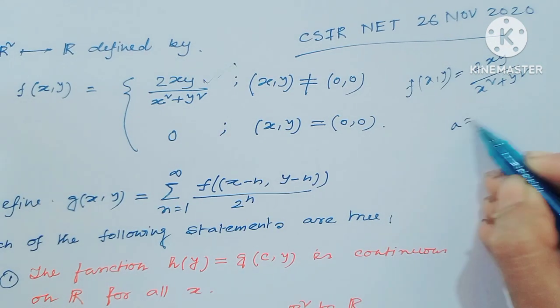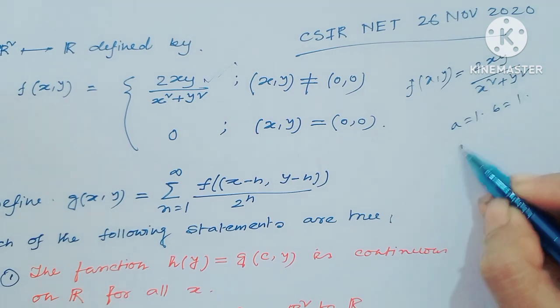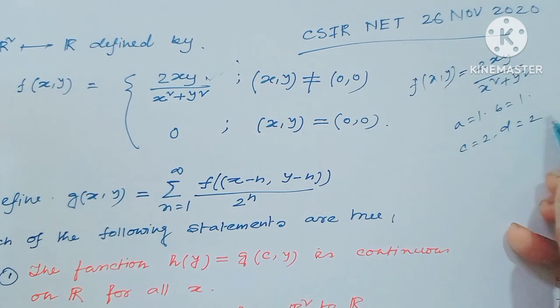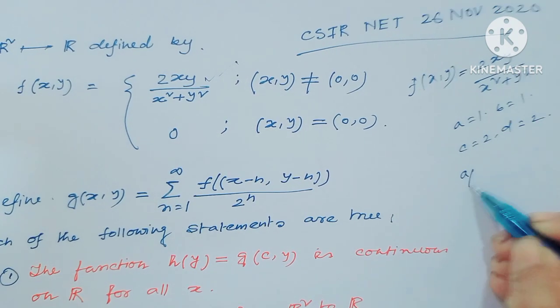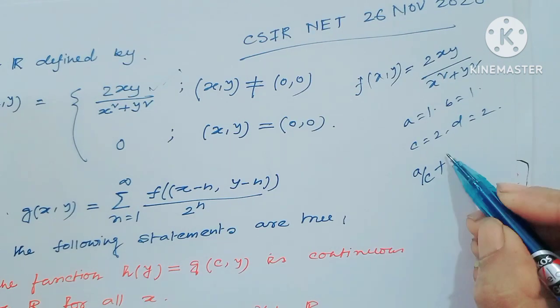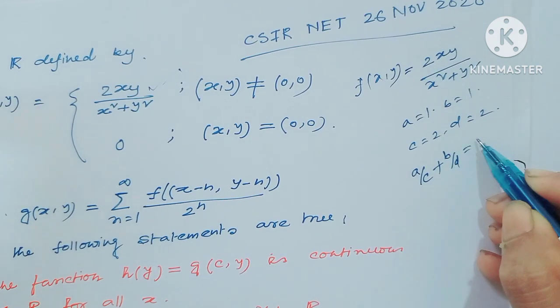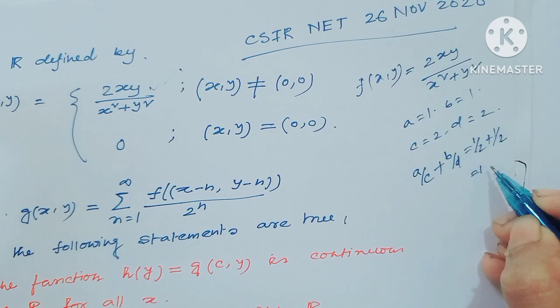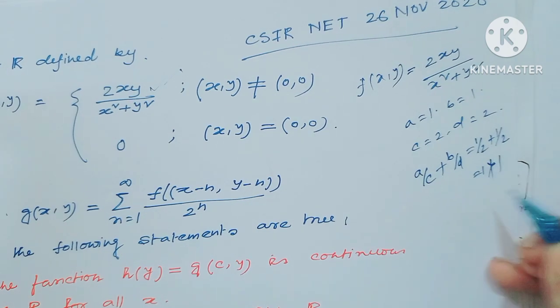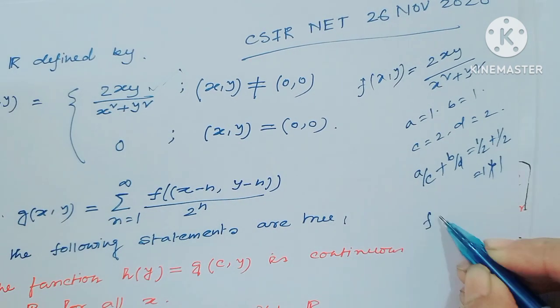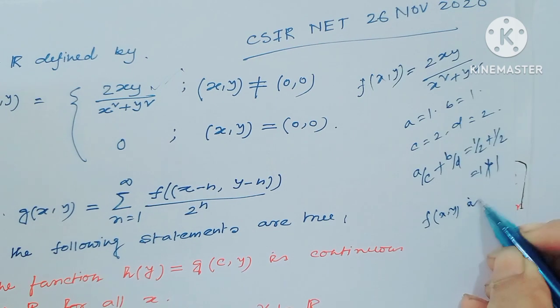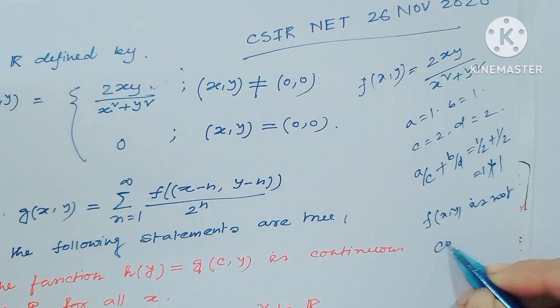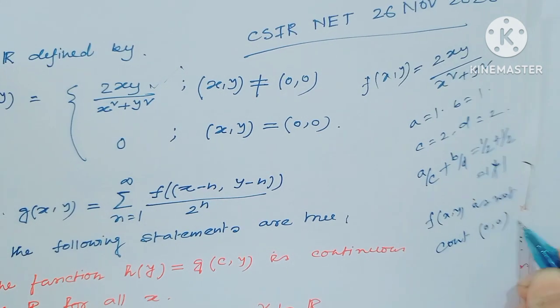Here a equals 1, b equals 1, c equals 2, d equals 2. Therefore a over c plus b over d is 1 over 2 plus 1 over 2, which is 1, not greater than 1. So the function f(x,y) is not continuous at the point (0,0).